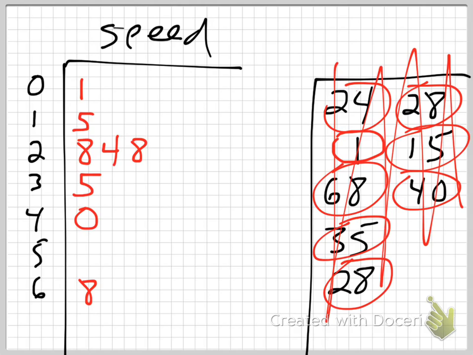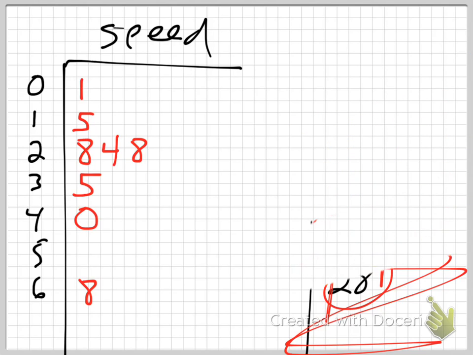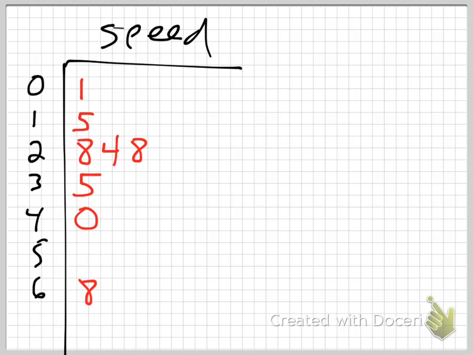Okay. Could you give me the median with this information? Without this, forget this over here. Could you recreate? Could you give me the median based on this information? Yes. What would you do? Right. What you'd have to do is do them in order.